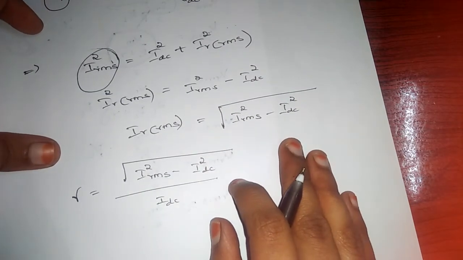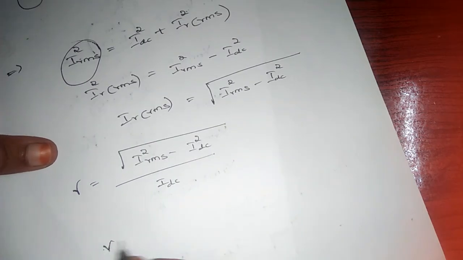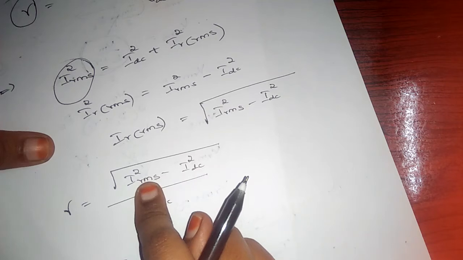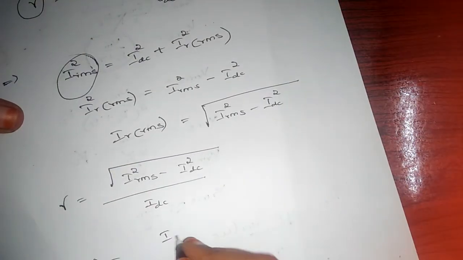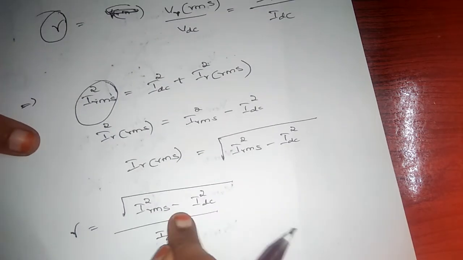So here we know that IRMS is nothing but Im by 2. Here we saw IRMS is equal to Im by 2. So let us substitute here: Im by 2 whole square minus ID. What is ID?